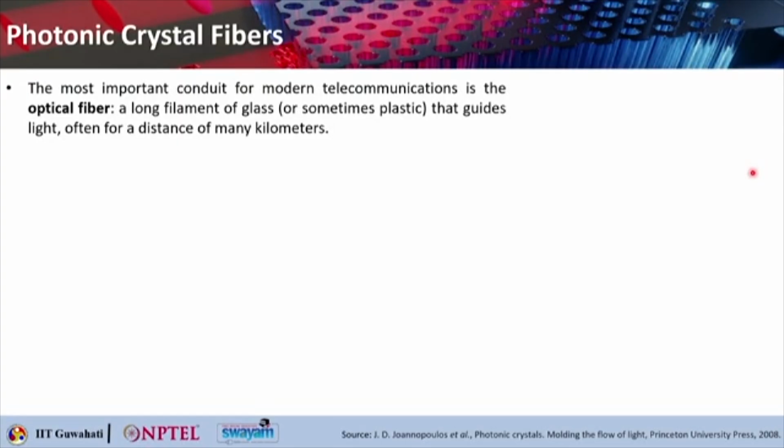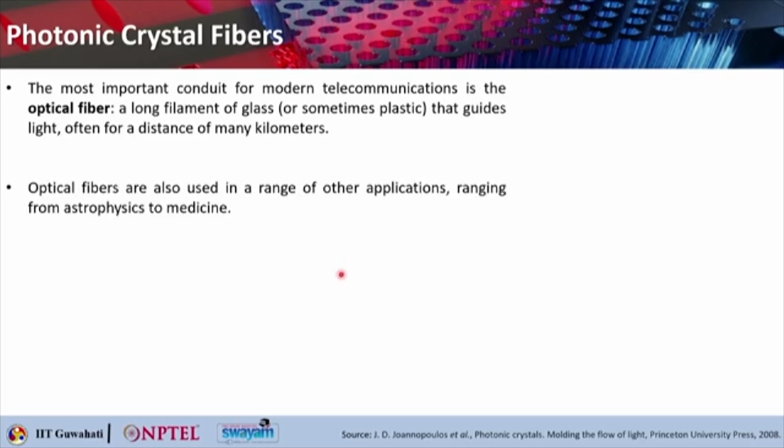So now let us look into different applications of photonic crystal fiber. The most important conduit for modern telecommunication is basically optical fiber, which are nothing but long filaments of glass or sometimes plastic that guide light, typically over a distance of several kilometers.